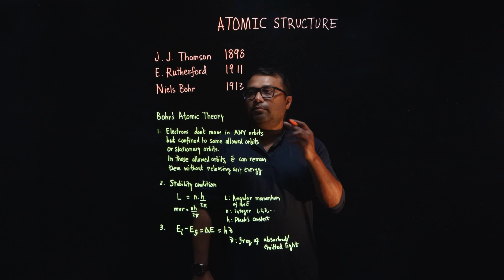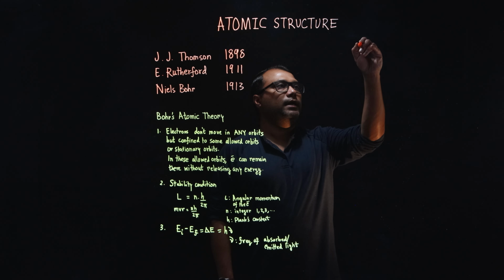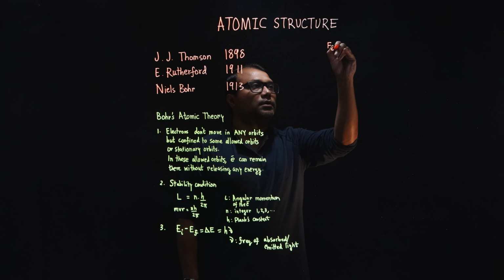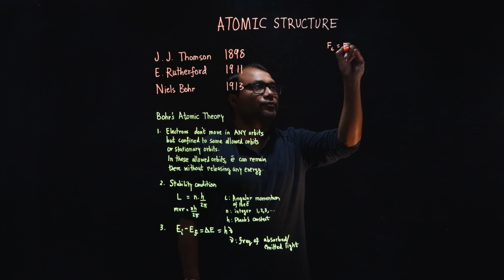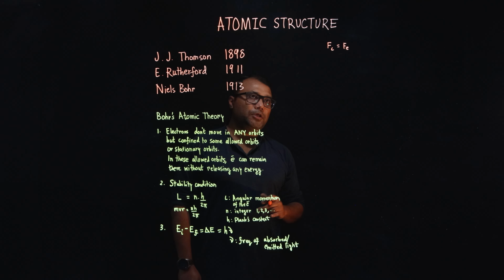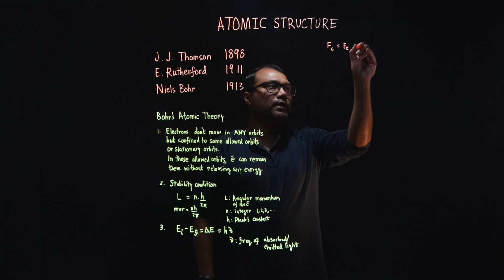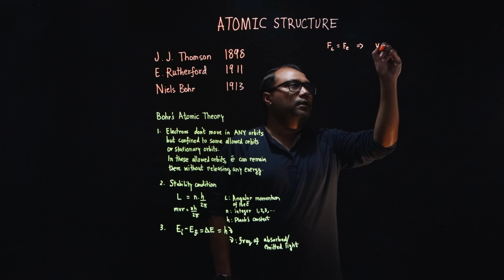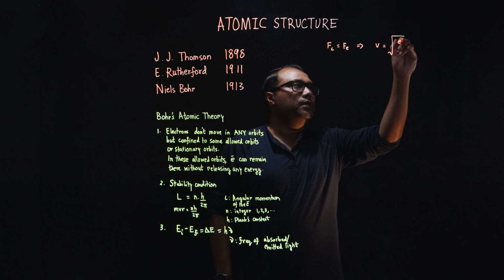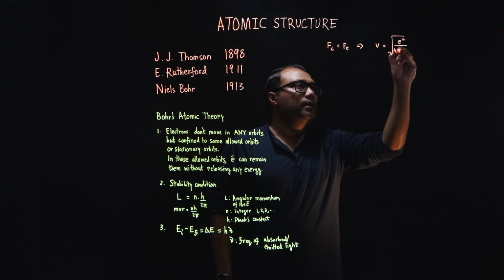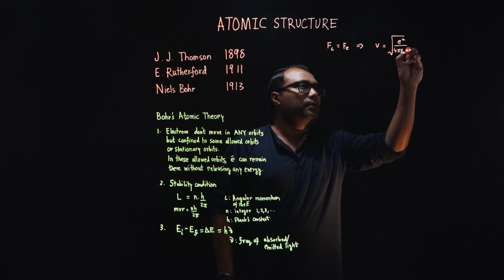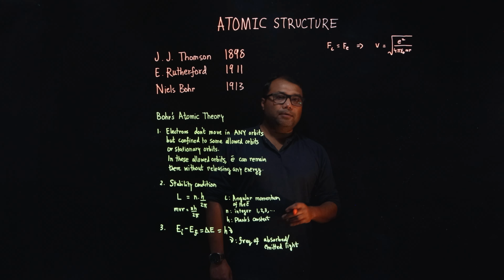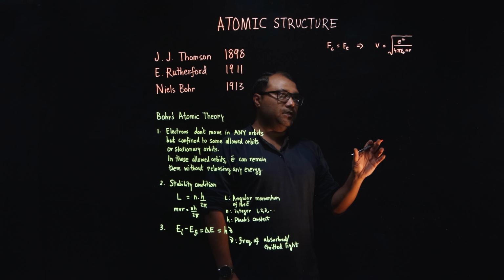Okay. So from Rutherford-Bohr's model, one thing we can still apply is that the centripetal force is provided by the electrostatic force between the electron and the nucleus, from which we reach this conclusion that v, which is the speed of the electron, is root over e square by 4 pi epsilon naught m r, where m is the mass of the electron and r is the radius of the orbit.